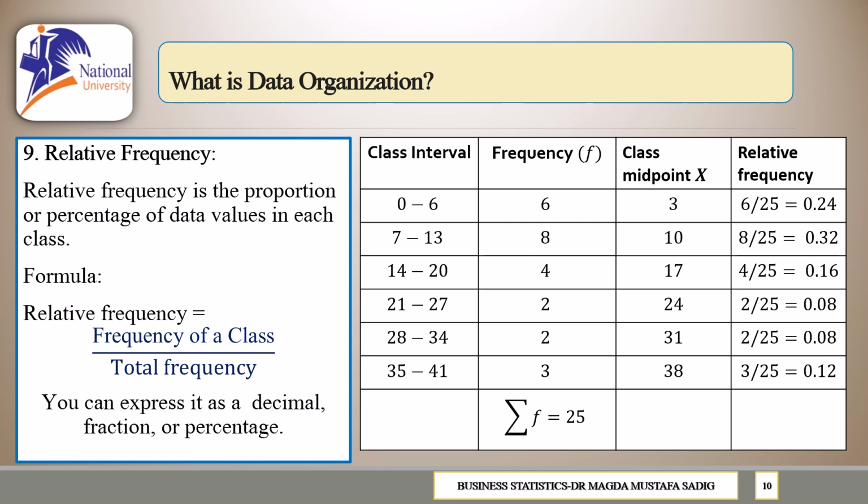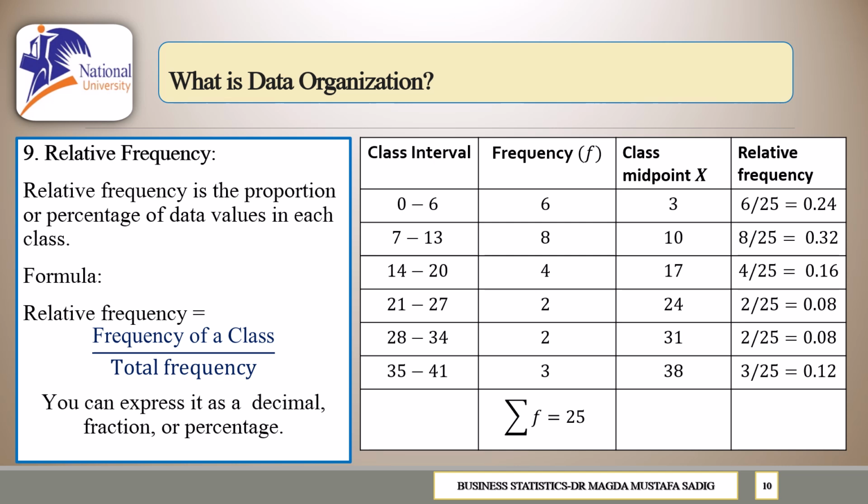Let us come to relative frequencies. Relative frequency tells us the proportion of observations. The formula is frequency divided by the total number of observations. Suppose one class has frequency 6 and there are 25 observations altogether.